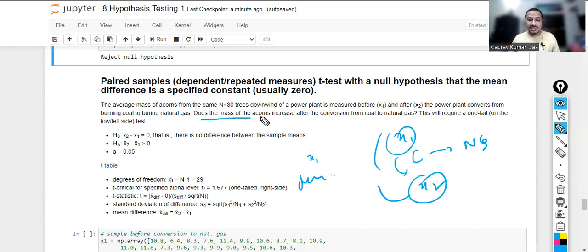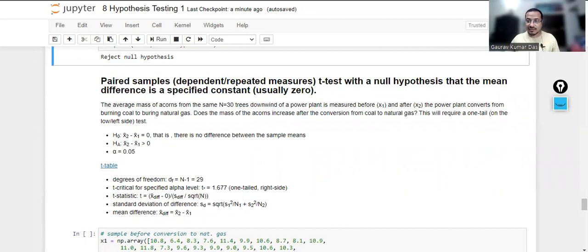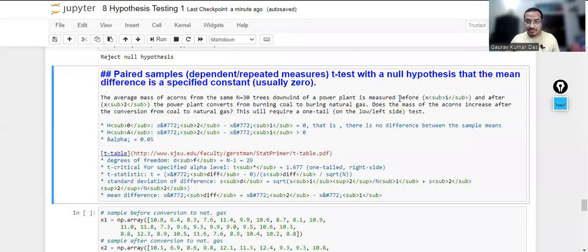Does the mass of acorns increase after the conversion from coal to natural gas? After, right? Mass of acorns increase after. So x2 greater than x1 is what is being asked in our alternate hypothesis. Very simple, guys. To avoid confusion, instead of making it 1, I'll simply do before.